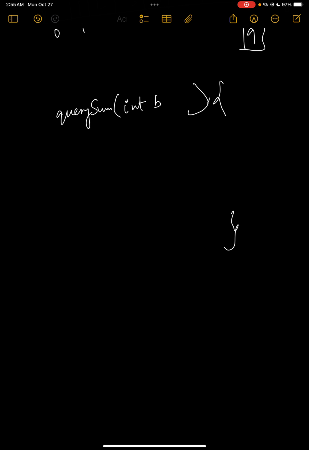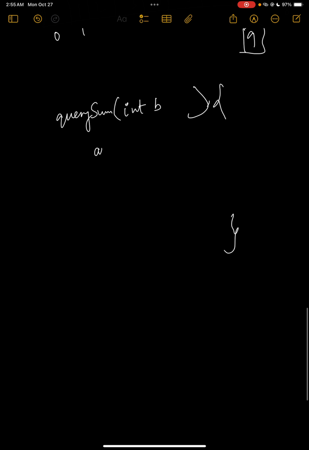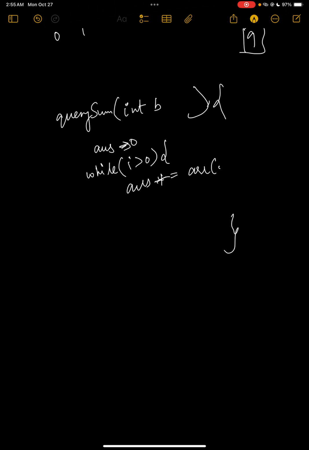We will initialize answer to 0. Then we'll give a while loop: while our index is greater than 0, answer plus equals to array of I, and I equals I minus I and minus I.